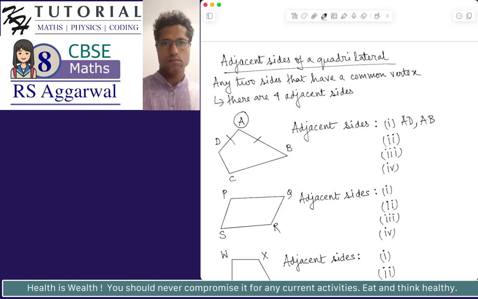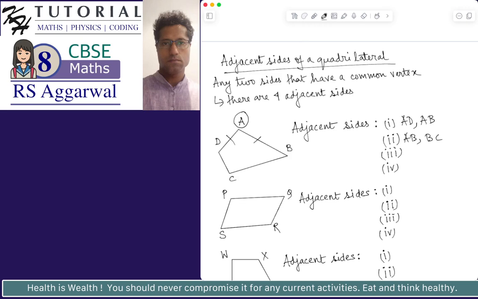Okay, now if I consider the vertex B, as it is a common endpoint to the sides AB and BC, AB and BC is another pair of adjacent sides. Similarly, if I consider the vertex C, it is a common endpoint of the sides CD and BC.